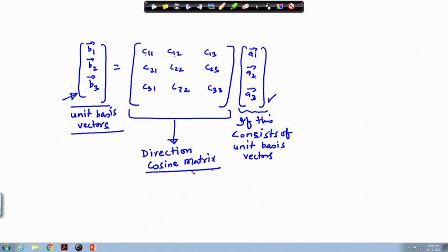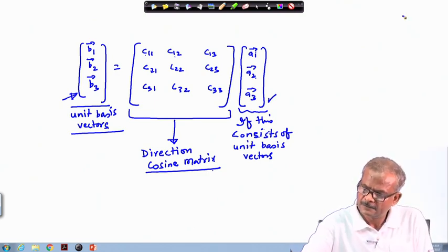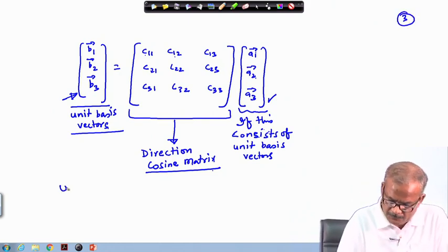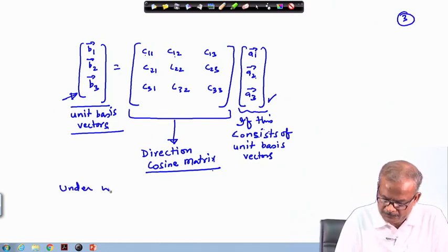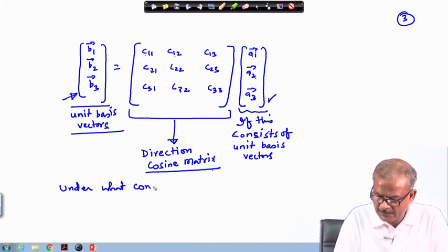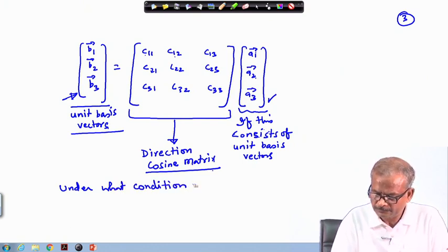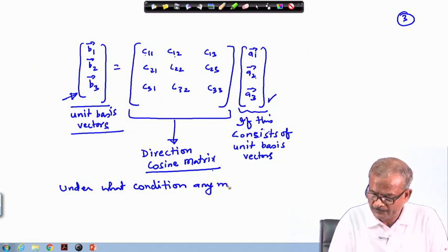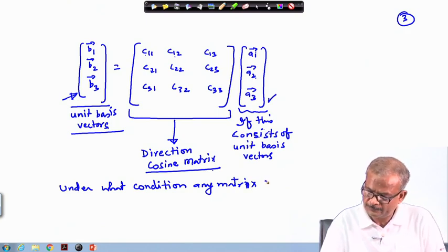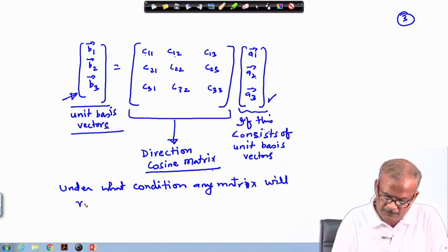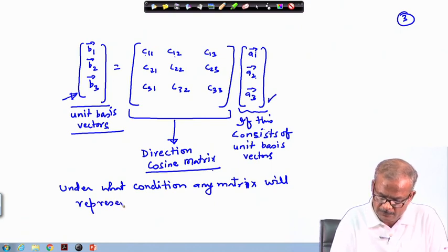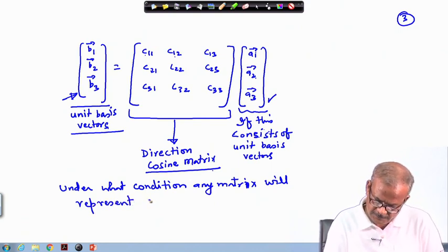What are the conditions under which any matrix will become a rotation matrix?